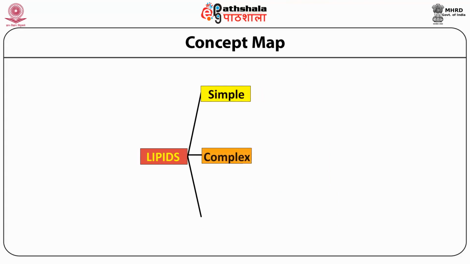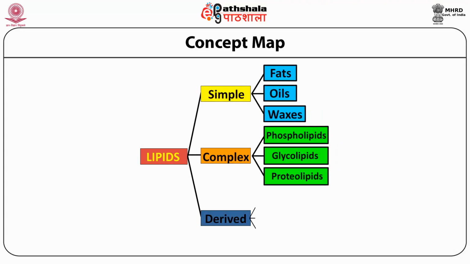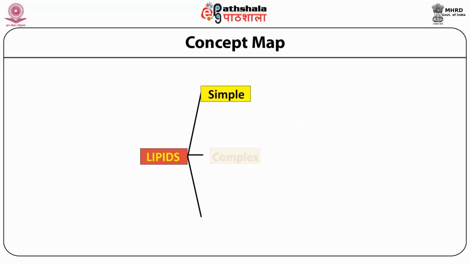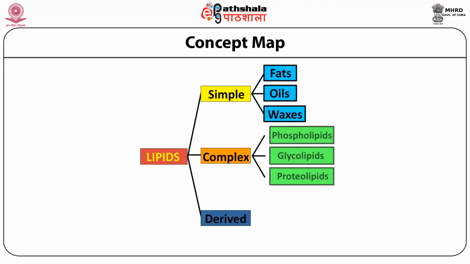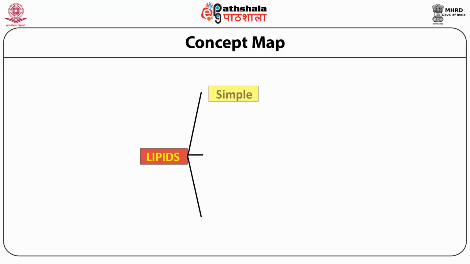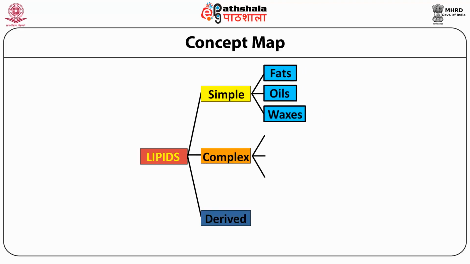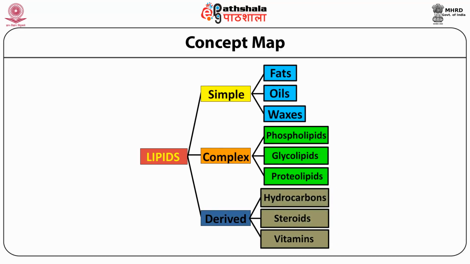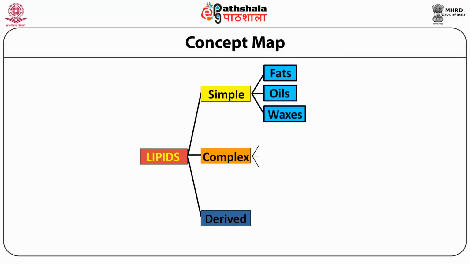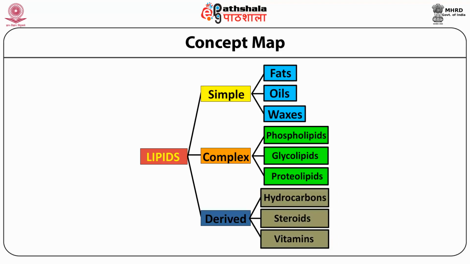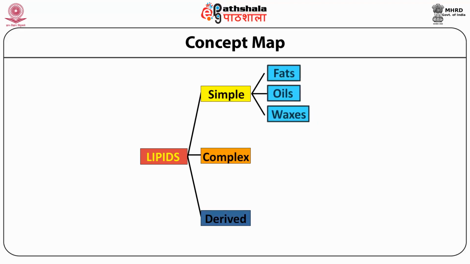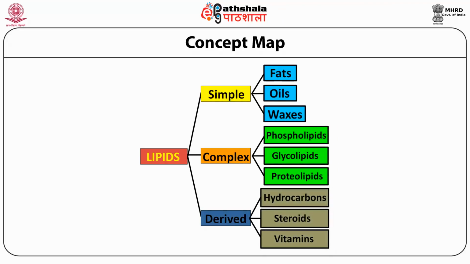Another type of lipid is the complex lipid, wherein the lipids either contain the phosphorus group, or contain glycolipids or saccharides, or contain proteins, and hence the subtypes of complex lipids are referred to as phospholipids, glycolipids, and proteolipids.